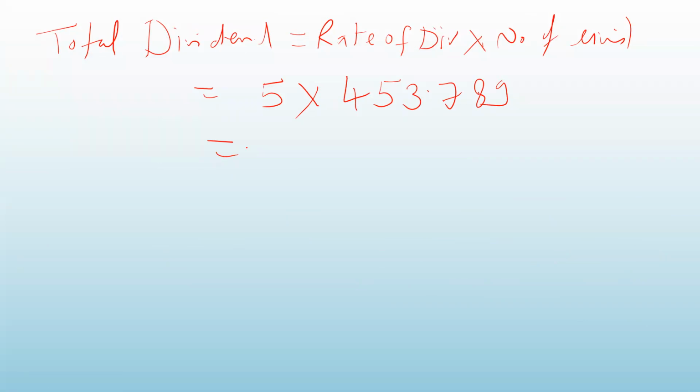How much is it? 5 multiplied by 453.789 gives you 2268.945. So this much is the dividend. So the total dividend received is rupees 2268.945.